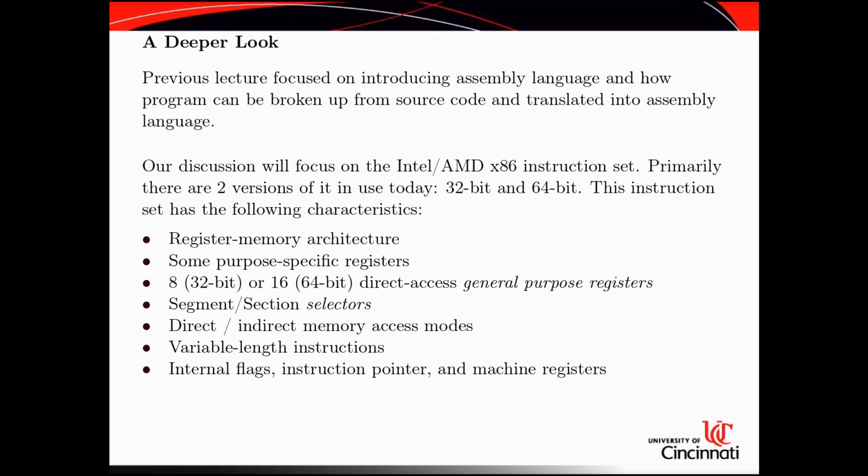But basically, you have 8 general purpose registers. So you have 8 registers that are local to the processor that you can store data in if you're working with 32-bit code. For 64-bit code, they decided long ago that having 8 of those registers is not enough, and so 16 would be a better number.